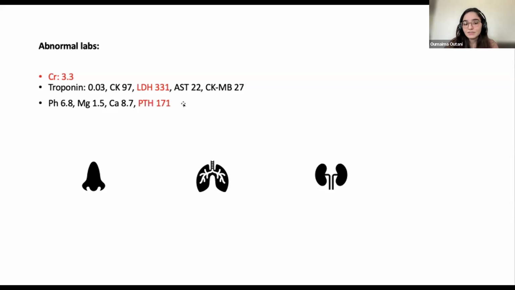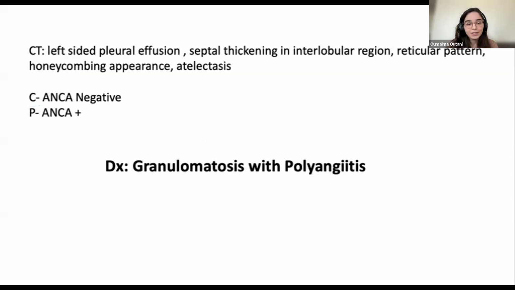The elevated PTH is also a marker of probably the chronicity of this underlying CKD. So with all of these data, we ordered a CT scan that showed septal thickening, reticular pattern, honeycomb appearance, and atelectasis. We also had negative C-ANCA and positive P-ANCA, and the diagnosis that we retained was granulomatosis with polyangiitis.